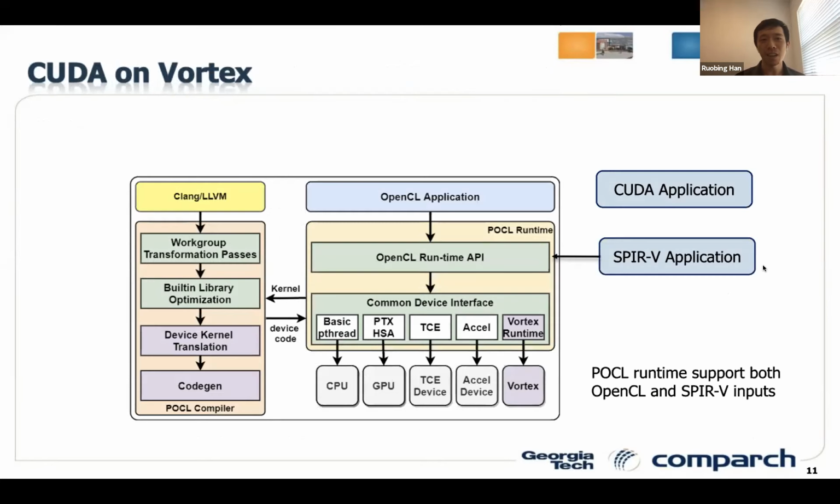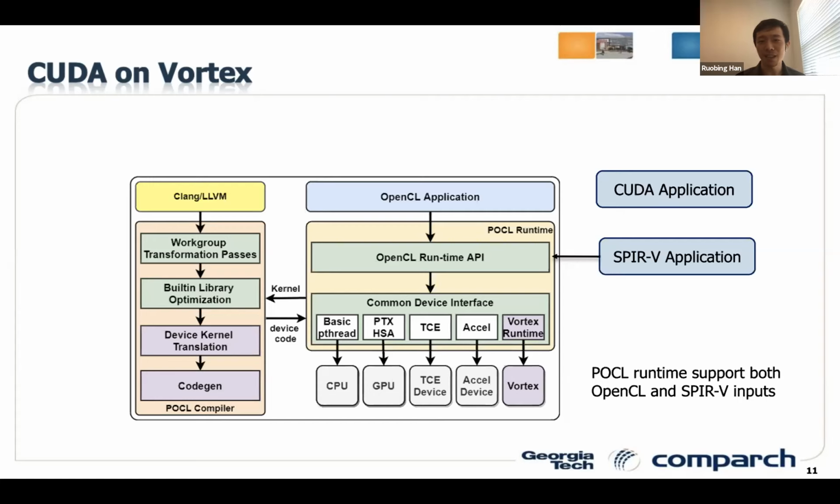Okay, so now let's look at the most important part: CUDA on Vortex. As I said before, CUDA is the most appropriate choice for state-of-the-art applications, especially deep learning, reinforcement learning, and also some machine learning, or even computer graphics. However, our Vortex runtime is based on POCL, and POCL is just an implementation of OpenCL. But CUDA cannot be executed with the OpenCL framework.